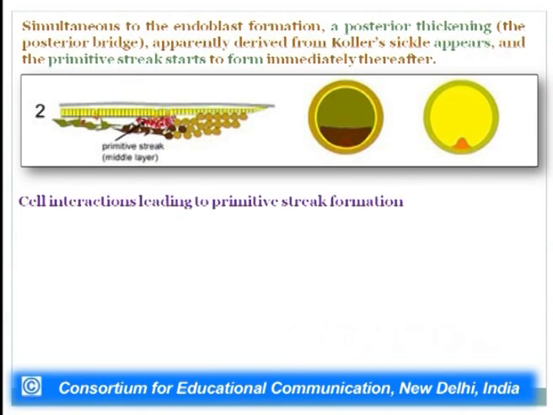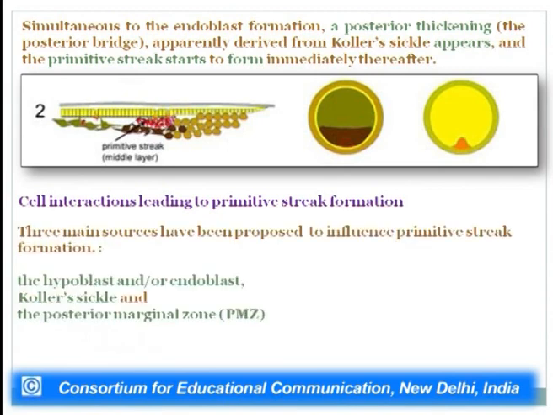Now, the cell interactions leading to the primitive streak formation: there are three main sources that have been proposed to influence the primitive streak formation. First is the hypoblast or the endoblast, second is the collar sickle, and the third is the posterior marginal zone.